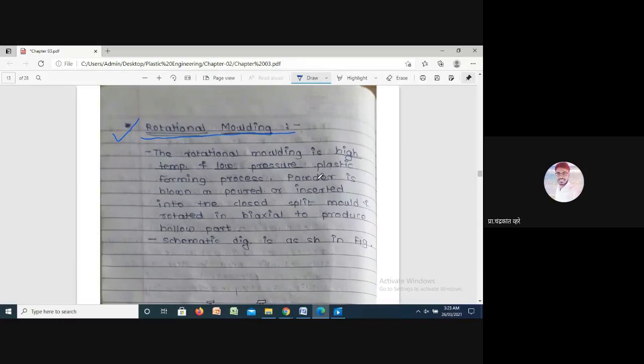Is it understood? Is it simple? Roll number 7, 6, 9, 10. Roll number 31, 41.